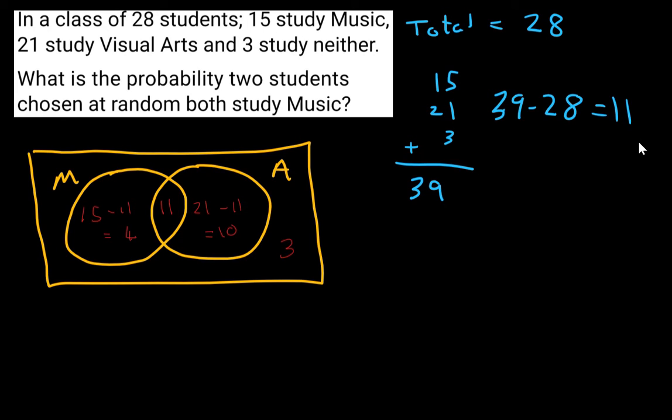Now, before we answer that question, let's do 3 questions. I want you to work out the probability of music, the probability of only music, and the probability of not music.